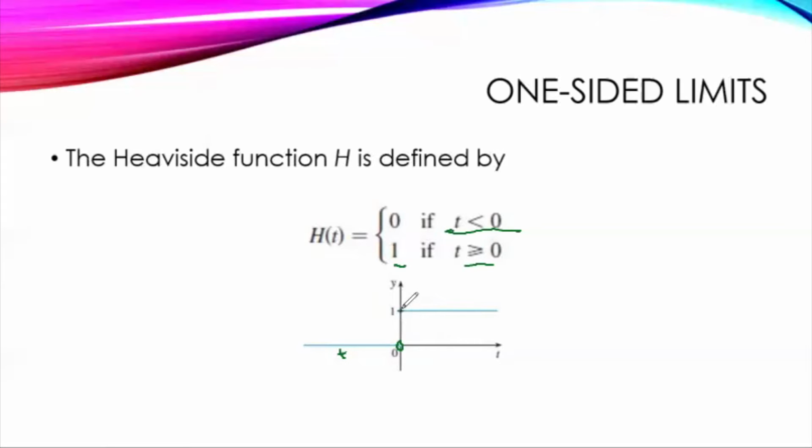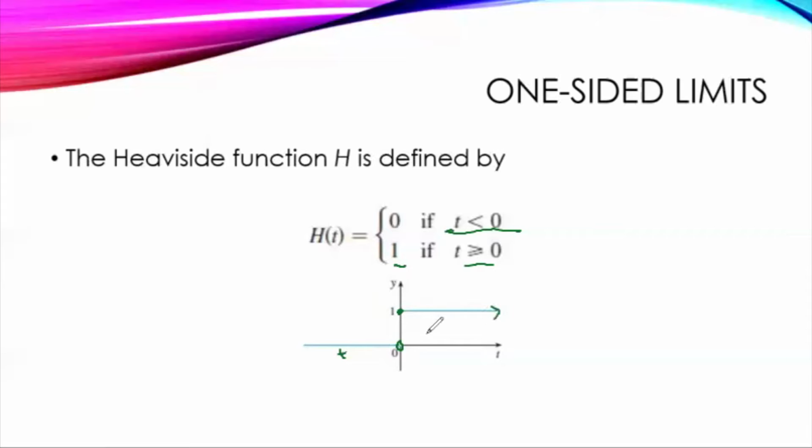Now, notice the 1 is a shaded circle, shaded because t equals 0, meaning it is 1 if t is greater than or equal to 0. So you locate the values of t which is equal to 0 up to positive infinity.